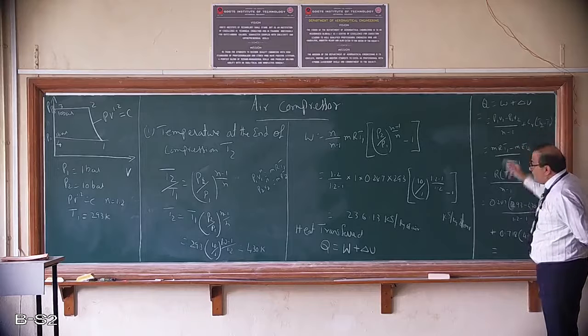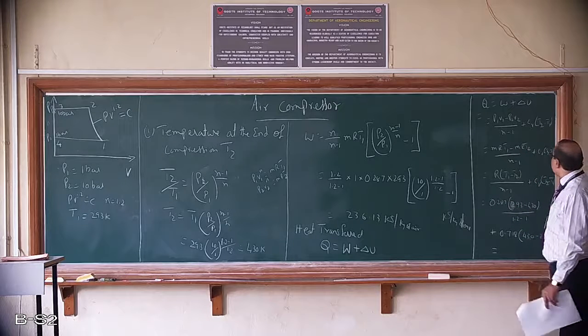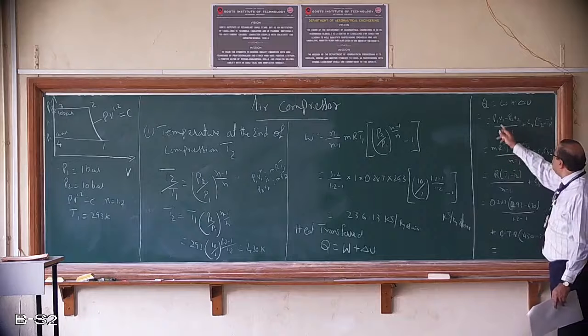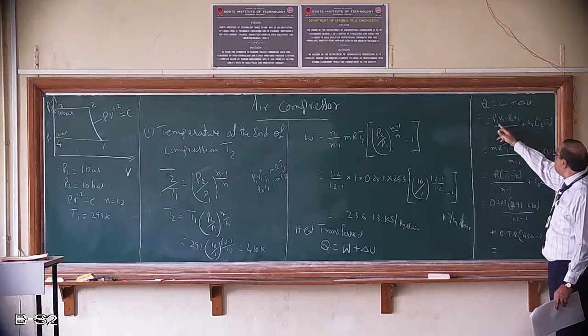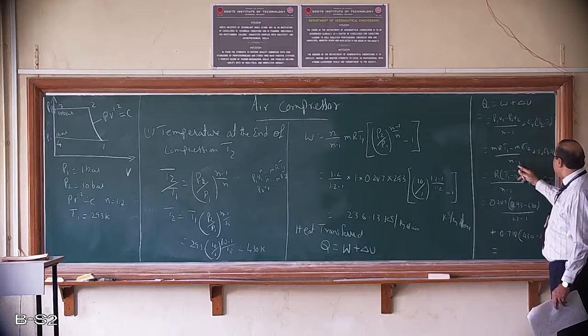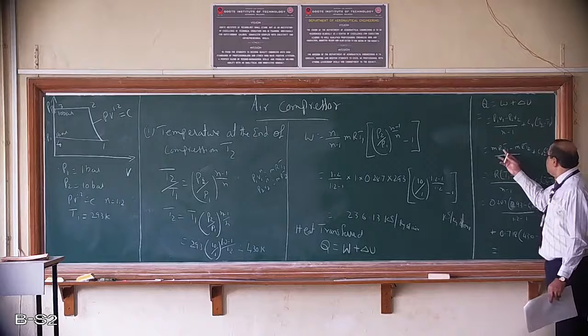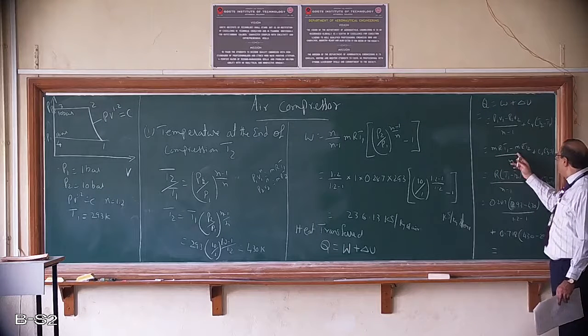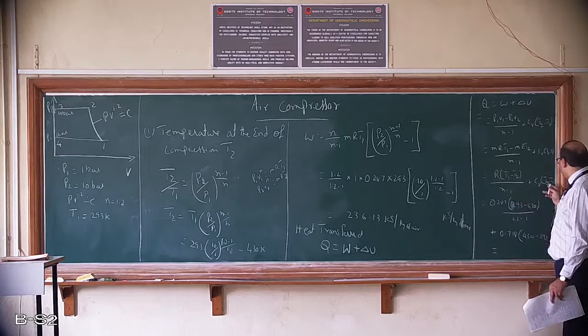M is 1, so I am not taking mCv delta T. P1V1 and P2V2 we don't know, so instead of P1V1 we write mRT1 minus mRT2 by (n minus 1), plus Cv of (T2 minus T1).